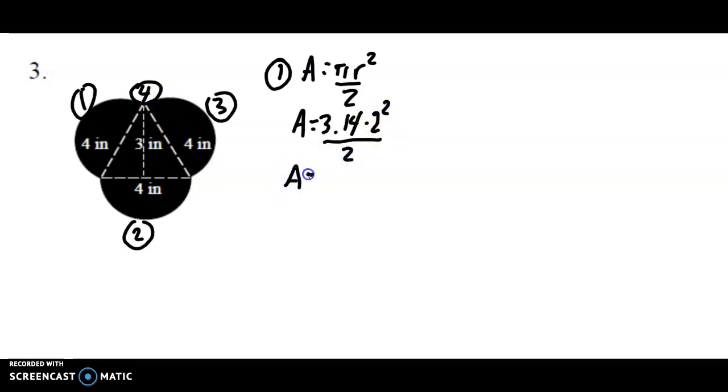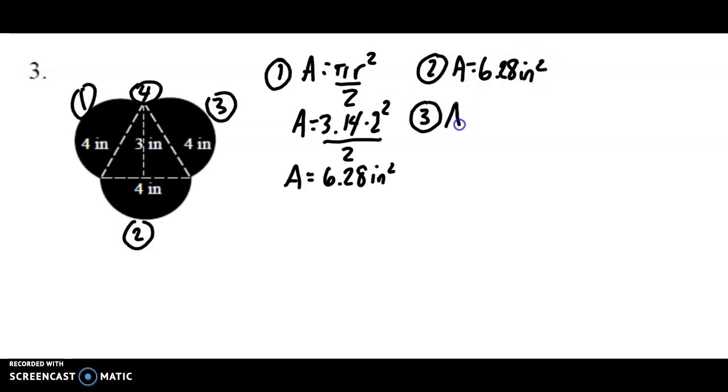Plug that into my calculator, and I am going to get 6.28 square inches. Shape number 2 is also a semicircle, but it's the exact same semicircle as the first one. You don't need to redo the formula because the answer is going to come out the same, so this one is 6.28. The third one is also the same, so that one's going to be 6.28.